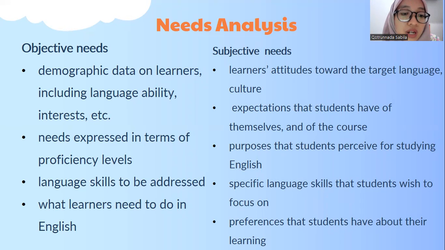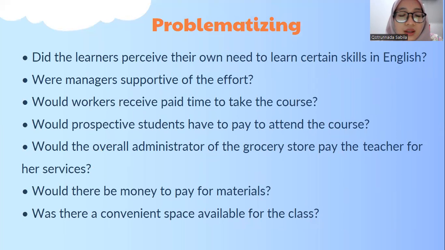From this procedure, the following information may emerge: learners' attitudes toward the target language culture, the expectations that students have of themselves and of the course, the purposes that students perceive for studying English, the specific language skills that students wish to focus on, and the preferences that students have about their learning. And then about problematizing.